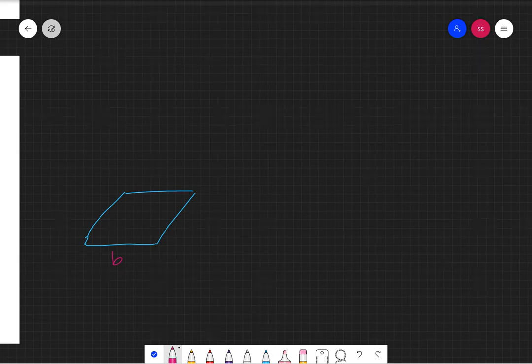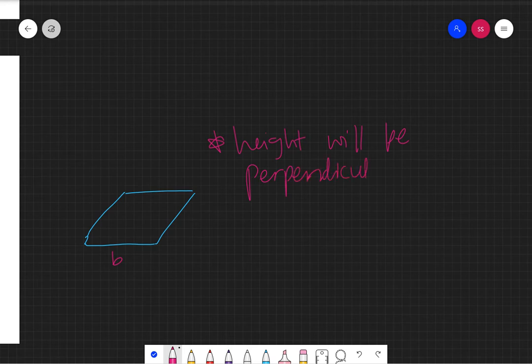or I guess kind of a good way to remember where the height is. The height will be perpendicular to the base.